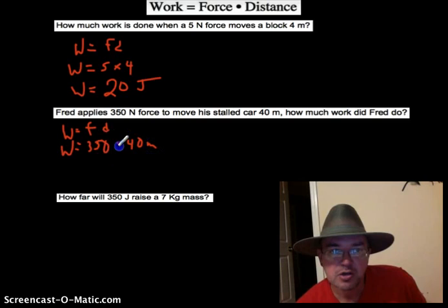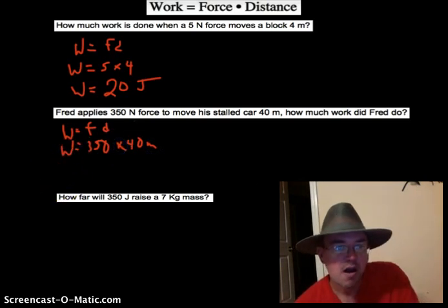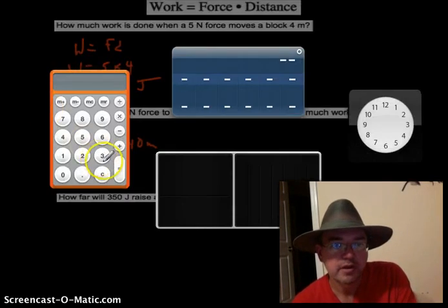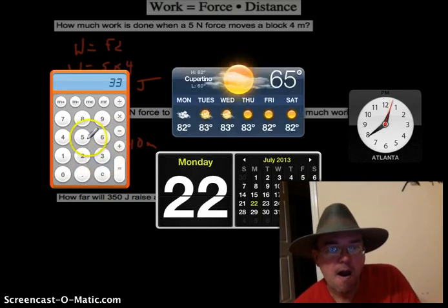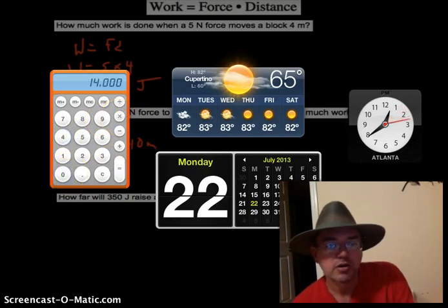So we're going to have newton meters again. I'll have to go down to the calculator there. 350 times 40 equals, looks like that will be 14,000.